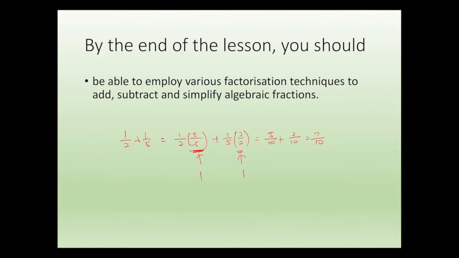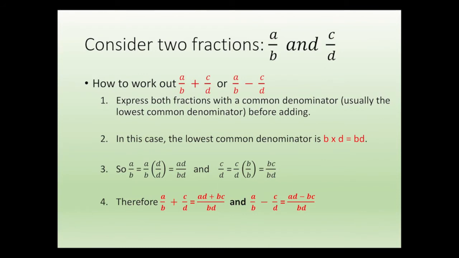Now, just representing it in terms of pronumerals or variables, let's consider two fractions, a over b and c over d. We need to work out a over b plus c over d or a over b minus c over d. So, we should express both fractions with a common denominator, and in this case, the common denominator is b times d.